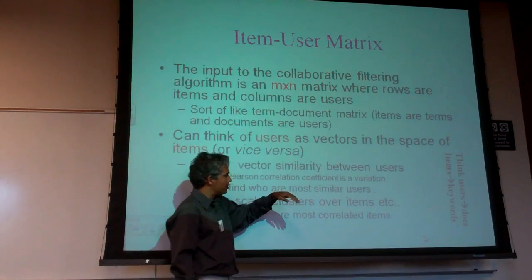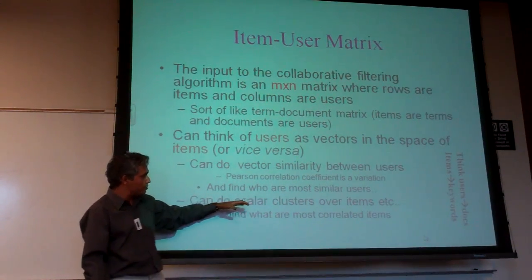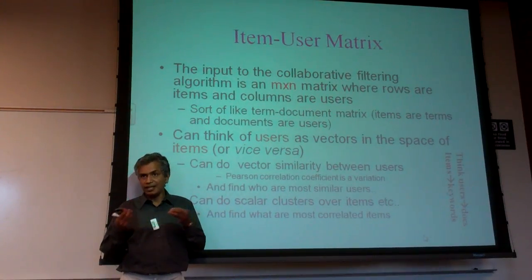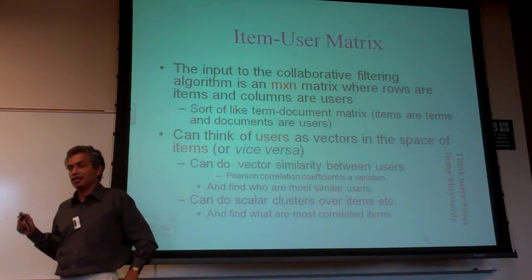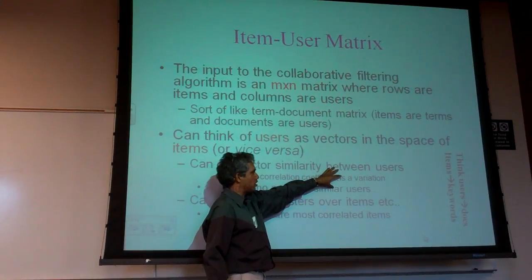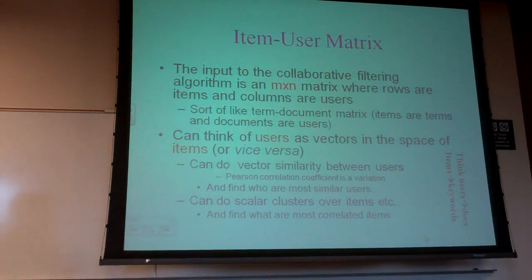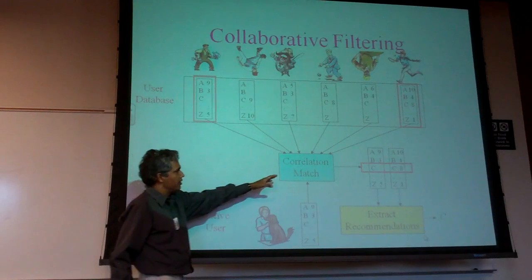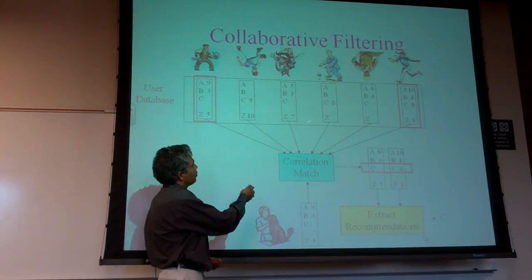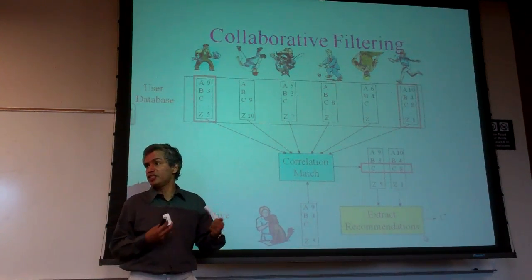Once I have a similarity metric, I can compute the similarity between users. I can also compute similarity between items, and do item-item clusters. In the beginning, the traditional idea for collaborative filtering is to figure out who your neighbors are. That's the picture that I showed you here. Here is a current user, and you figure out who their close soulmates are in terms of how similar they are to this user.